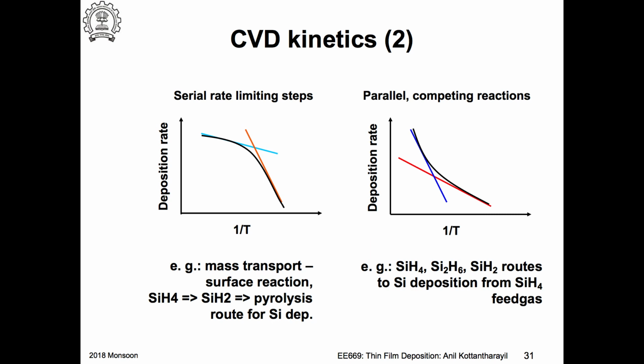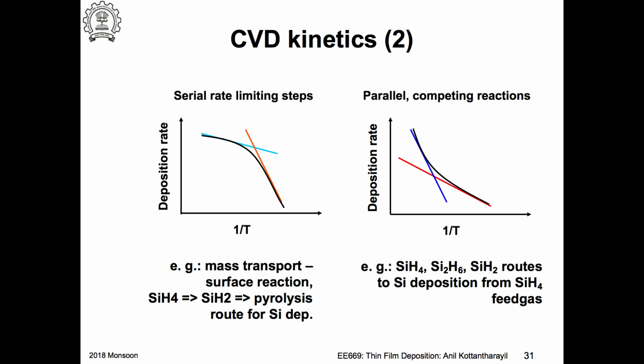So in this particular context, you can say, okay, mass transport, surface reactions, and then you have this. So this is one serial process, okay? And then I can analyze and say, in this particular case, this step may be the limiting factor, just as an example.